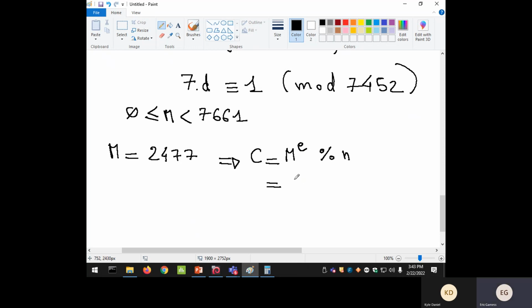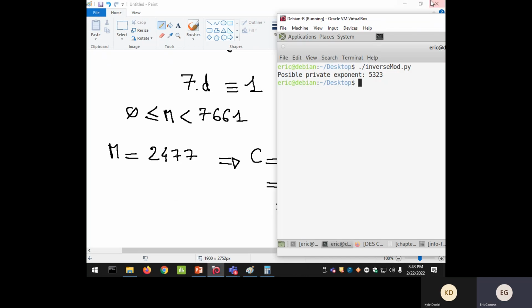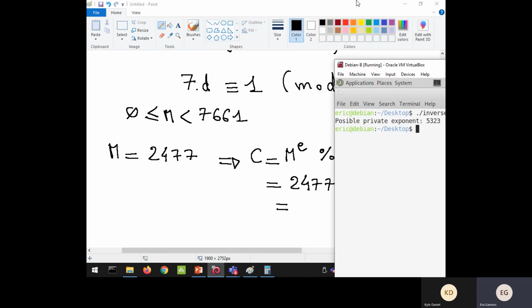So let me just replace: 2477, the power, the public exponent is 7, modulus 7661. So let's compute that. Let's ask Python to compute that. That's too much for us.